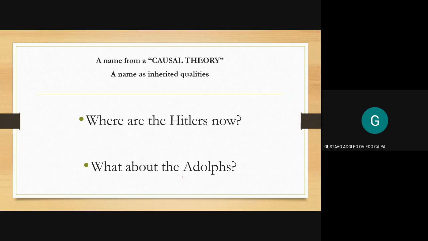My parents did not love me a lot, supposedly. So yeah, these names, Adolf and Hitler, they carry so much information, so many qualities that they can inherit those qualities to someone.